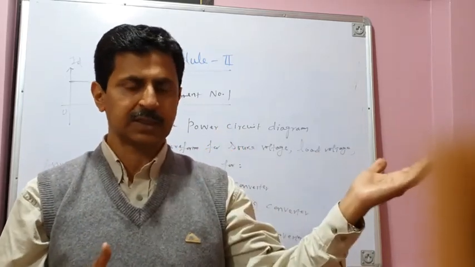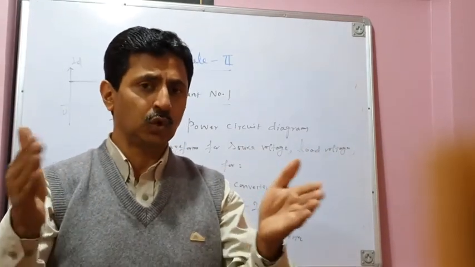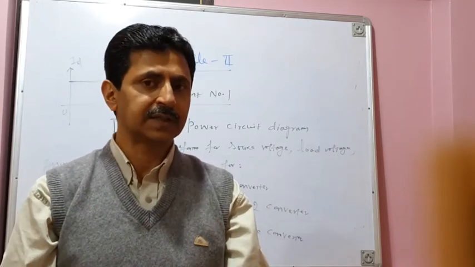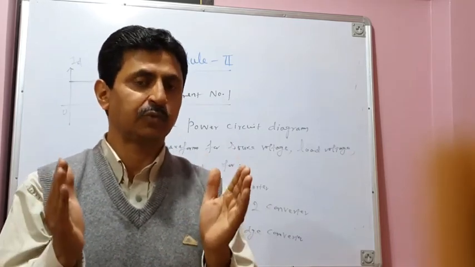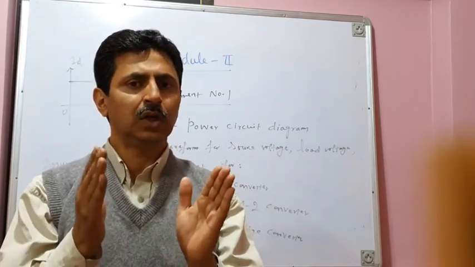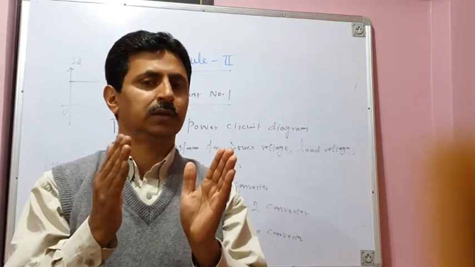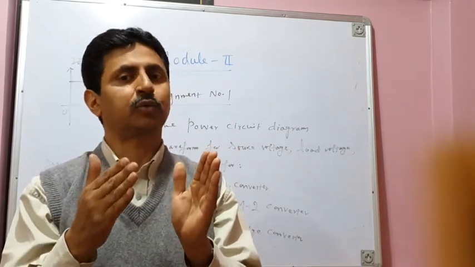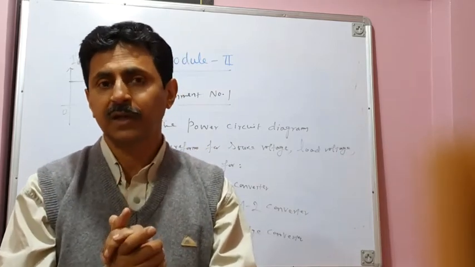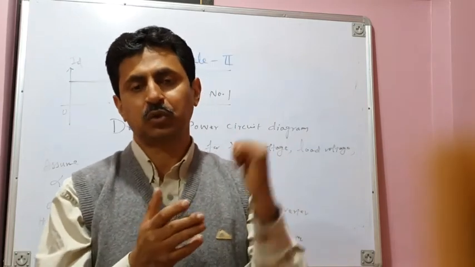Given the situation outside, it's not possible for us at this stage to hold a pen and paper test. So, considering all these constraints, it has been decided to evaluate the student through assignments up to a maximum of 30 to 35 marks. If it is 35 marks, that means 35% of your weightage will be through these assignments.